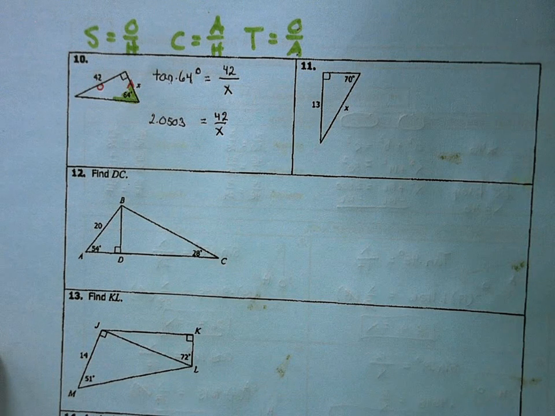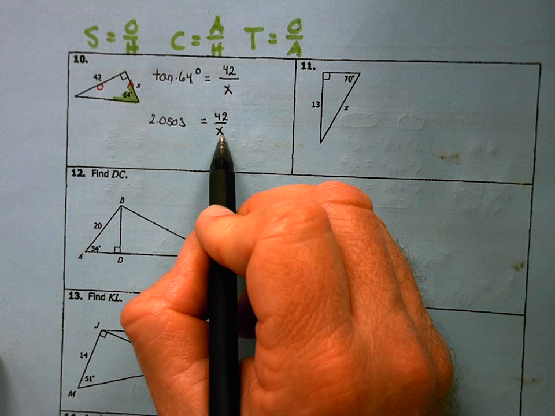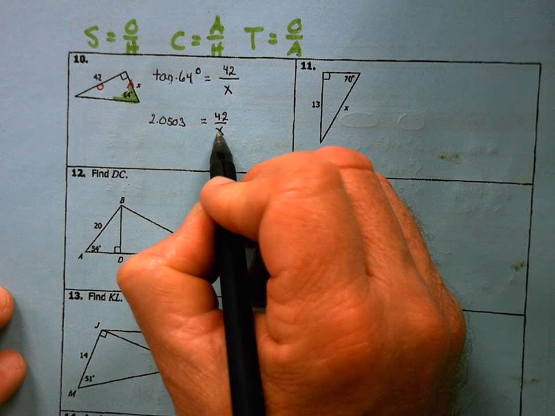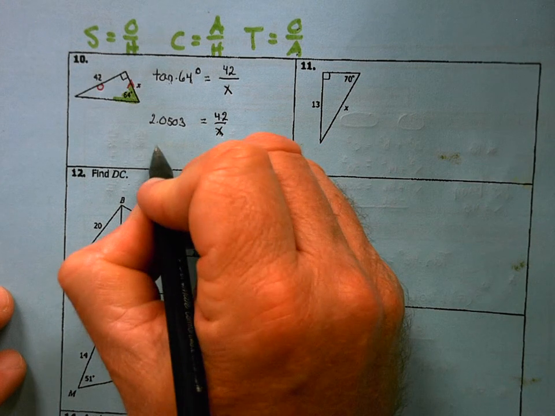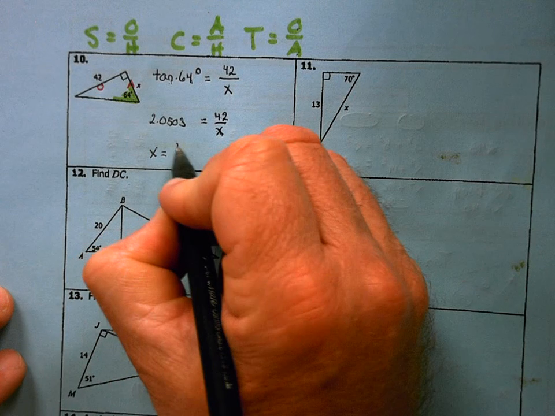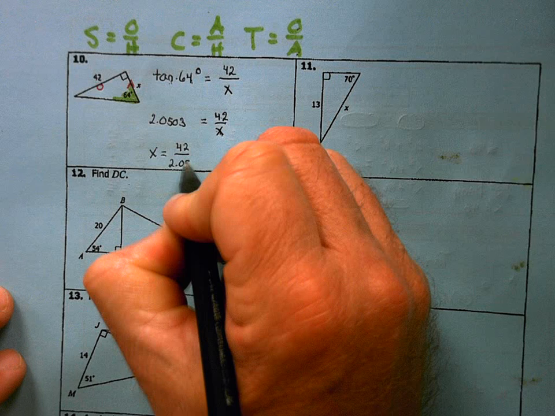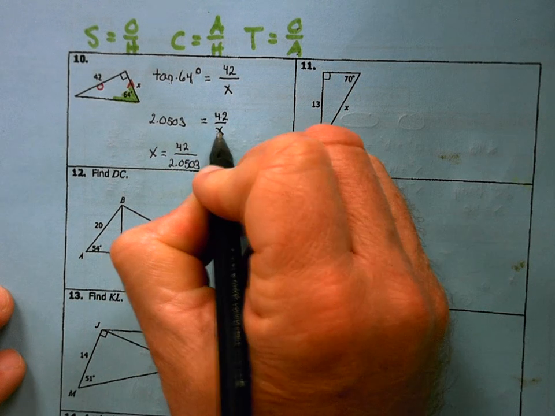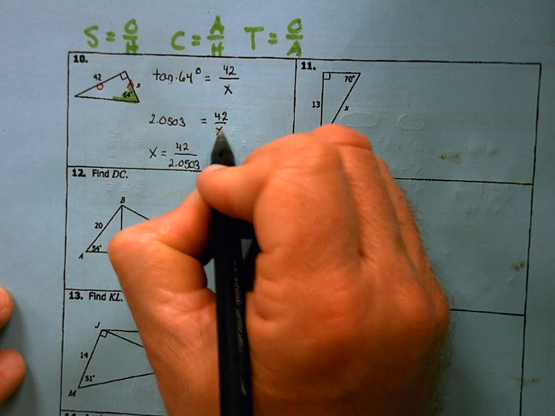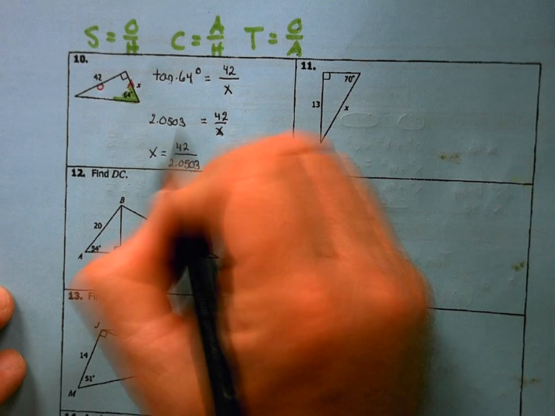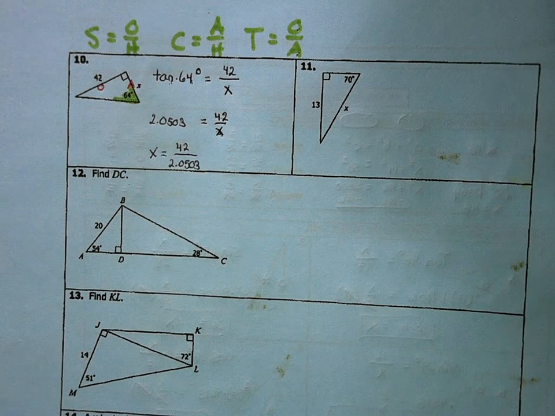Now, a quick trick when you're solving for x: when x turns out to be in the denominator, x is going to be equal to 42 divided by 2.0503. So if x is ever in the denominator, all you have to do is put whatever's here where x is and put x there, and that's what x is going to equal. Use your calculator.